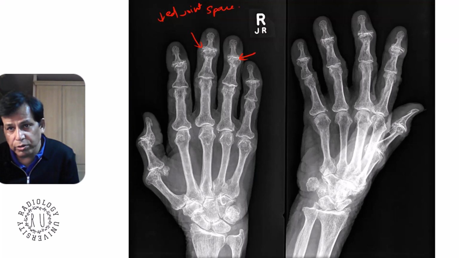Now look at one of the joints. What do you see? You see the joint space is lost. You don't see any erosions. You see osteophytes around. Can you see the osteophyte coming out? There's loss of joint space everywhere. You can see osteophytes, not much soft tissue swelling. Even in this interphalangeal joint of the thumb, you can see the same pattern.